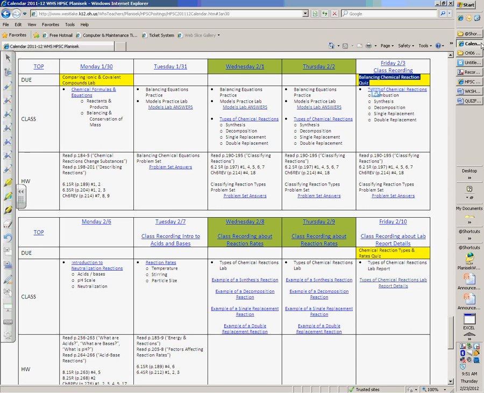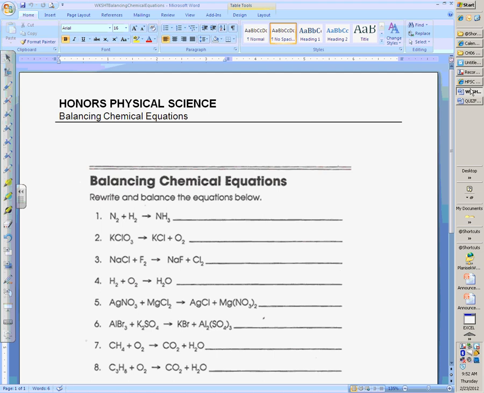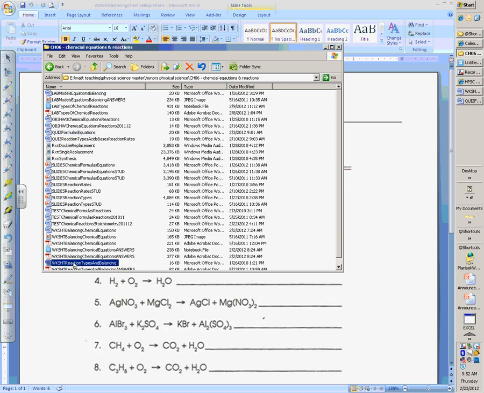Next thing we did, types of reactions. As far as the notes go for types of reactions, that was the one. It was just a single sheet that had the star on it, right? And each point of the star represented a different kind of reaction. As far as practice goes, on the back of this sheet, you had this sheet.